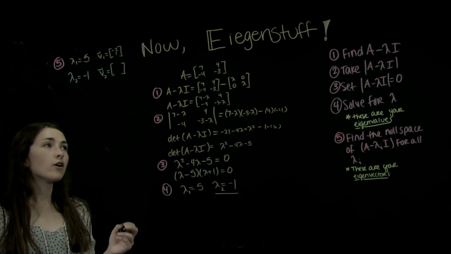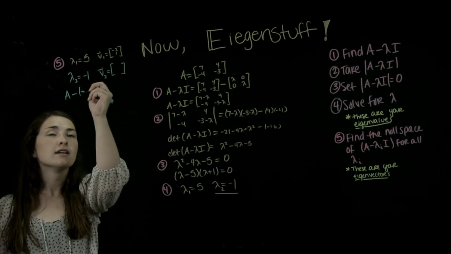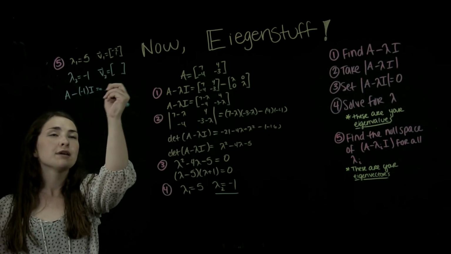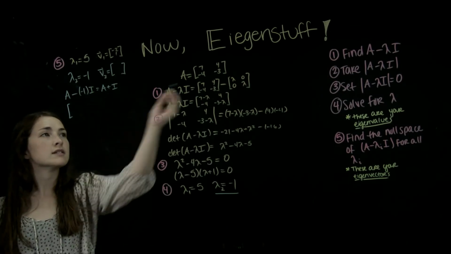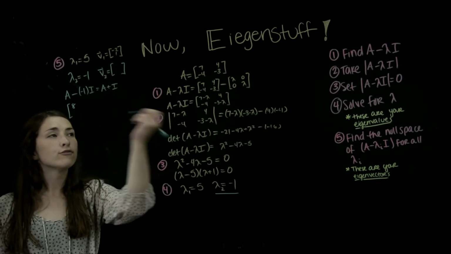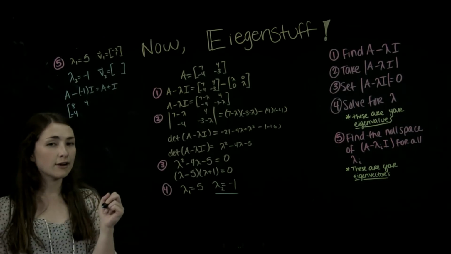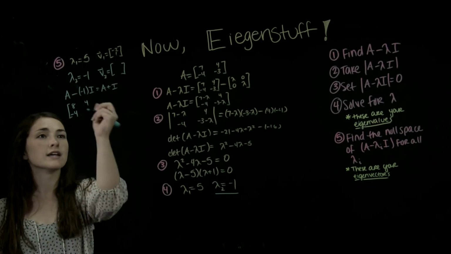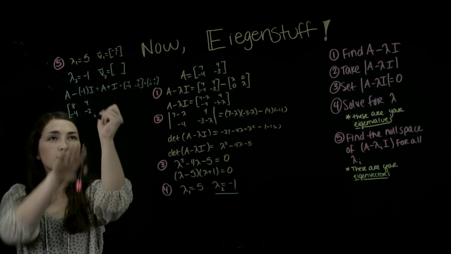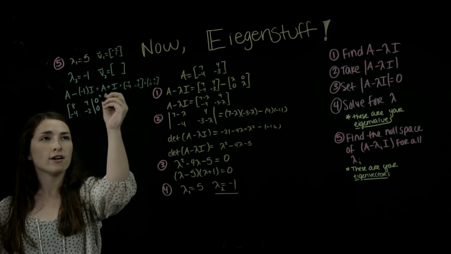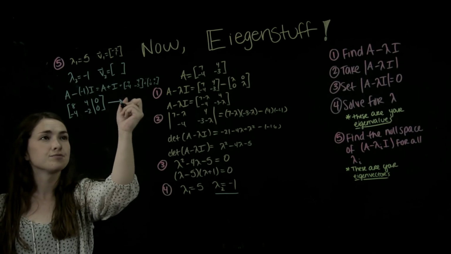So we are going to have A minus negative 1 I, and that's going to be equal to A plus I, which is, we know, 7 plus 1 is 8, 4 plus 0 is 4, negative 4 plus 0 is negative 4, and then negative 3 plus 1 is negative 2. So now we have this, and we're going to try and be solving for the null space of this matrix, so we can augment it with our 0 vector, and we are going to go ahead and solve this.